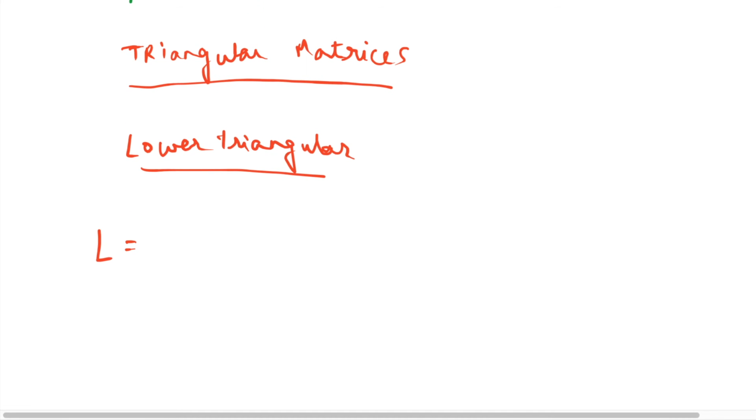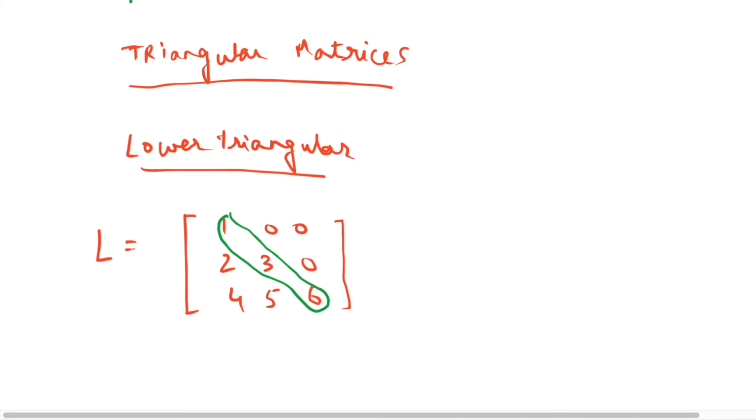Let's say L is equal to 1, 0, 0, and 2, 3, 0, and 4, 5, 6. The main diagonal of this square matrix is 1, 3, 6, and all the elements above the principal diagonal are 0. So this is a lower triangular matrix.